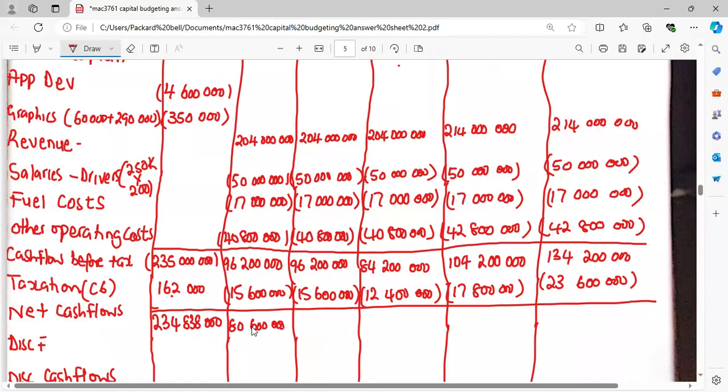80,600,000 is the same here, right? Yes. Right. Then the third one. Well, just here. You don't have to stress much. You just come here. Cash flow before tax minus taxation: 71,800,000.